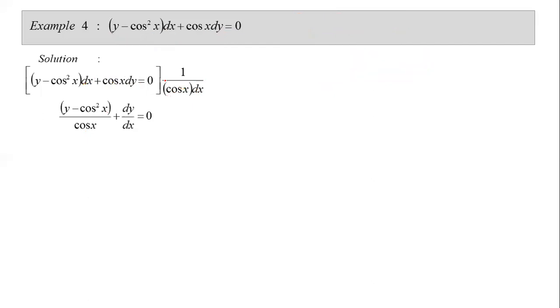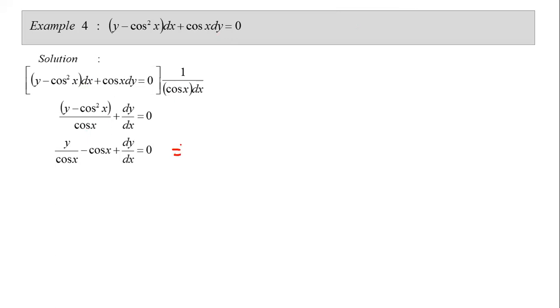Okay? And then you just introduce this cosine x, each term on the numerator by distributive property of division over addition. So you have y over cosine of x minus cosine squared x all over cosine x. All right? And this is simply equal to cosine of x. Then you just simply add dy/dx equals 0. So we shall have y all over cosine x minus cosine x plus dy/dx equals 0.